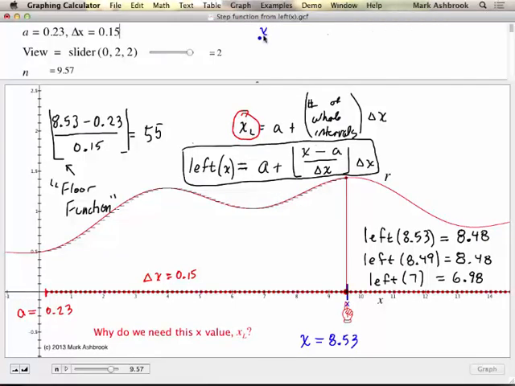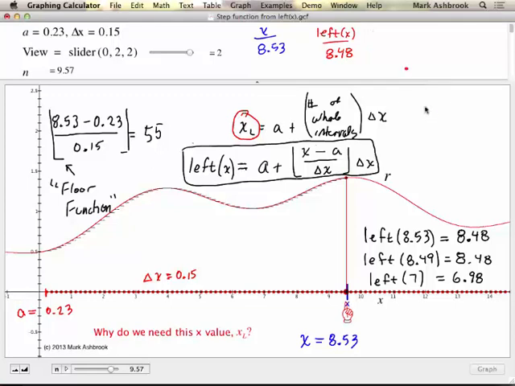So x, 8.53, left x, is it a rate? Is this the rate? No. It's the x value at the left side. So it's a function that outputs another x value, not a y value.